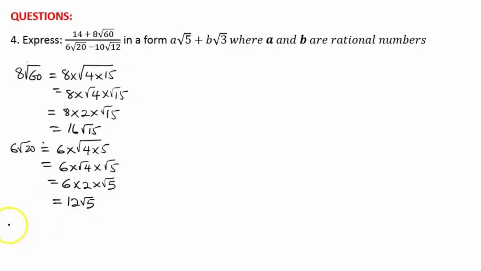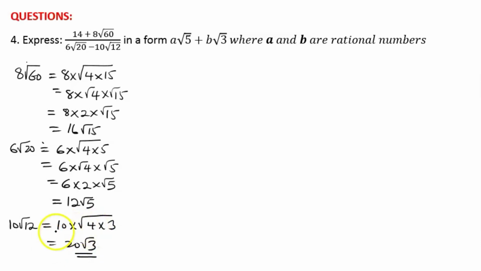Then the last one that we want to take to its basic form is 10 root 12. This is going to give us 10 multiplied by square root of 4 times 3, which is going to be 20 root 3. Square root of 4 is 2, which multiplies out with 10 to give 20, then we have root 3 left.